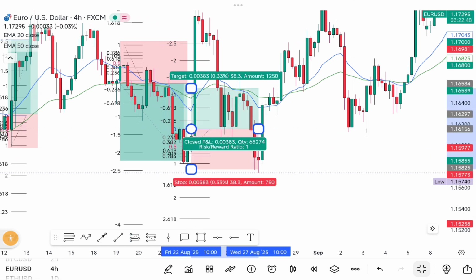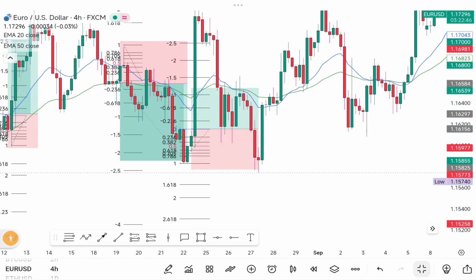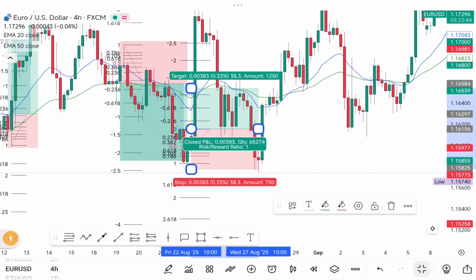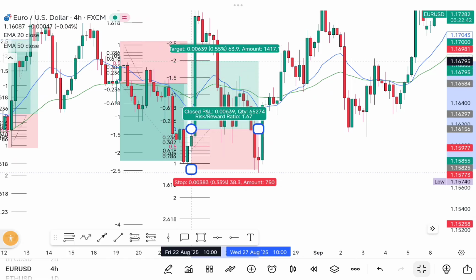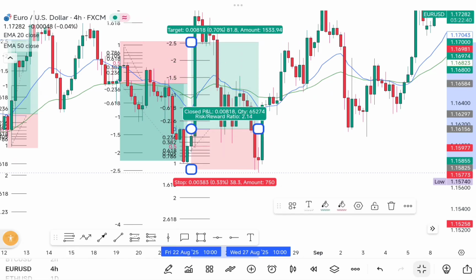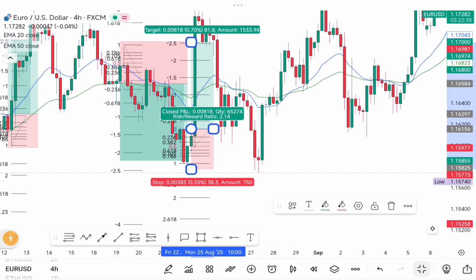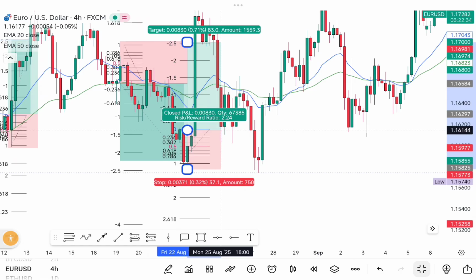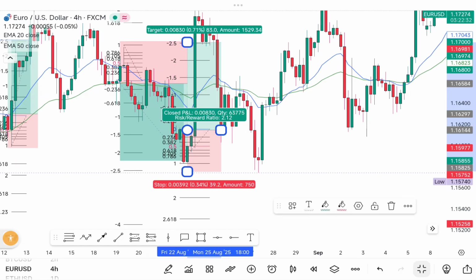So coming from the upward side at the higher price, we couldn't find a break of structure, but when we look at another lower high, there is a break of structure.